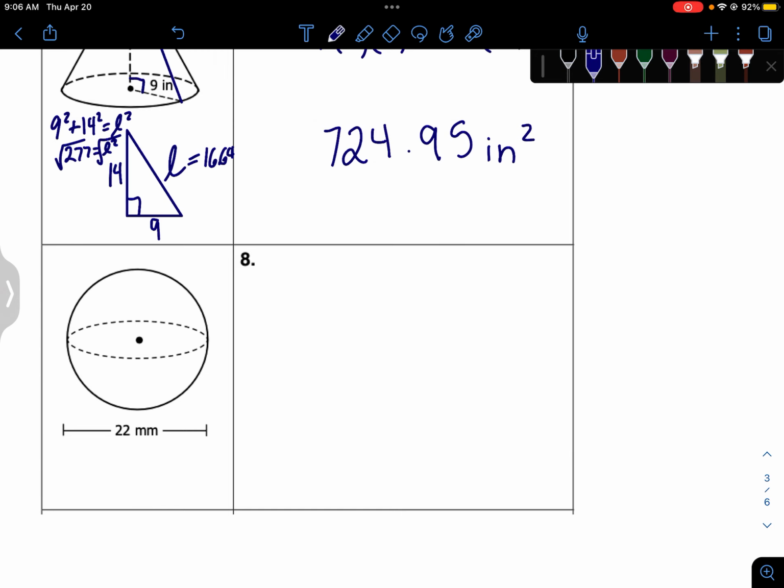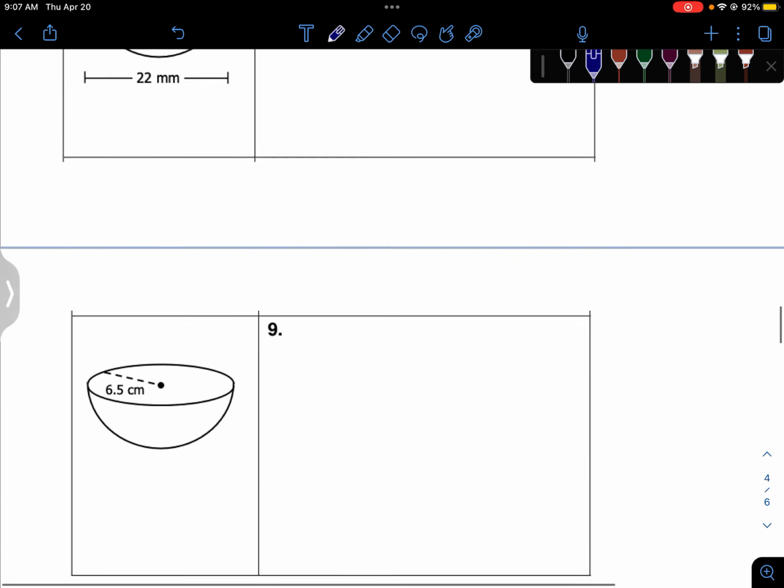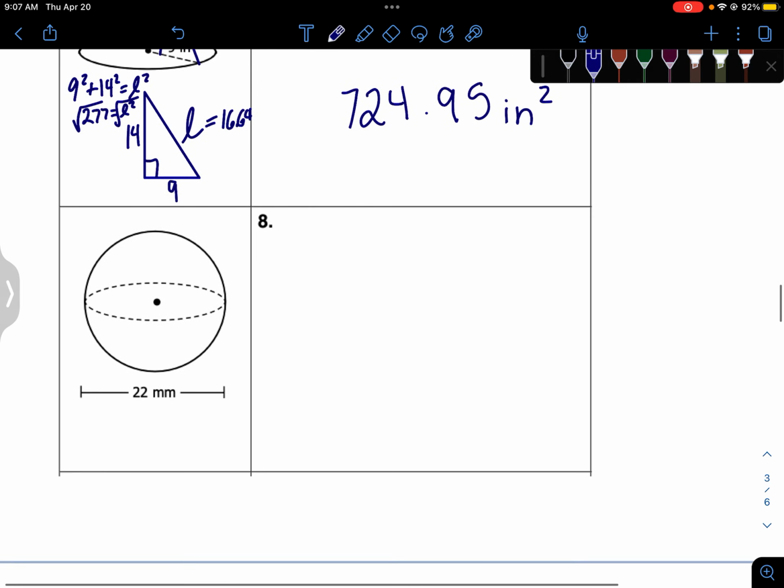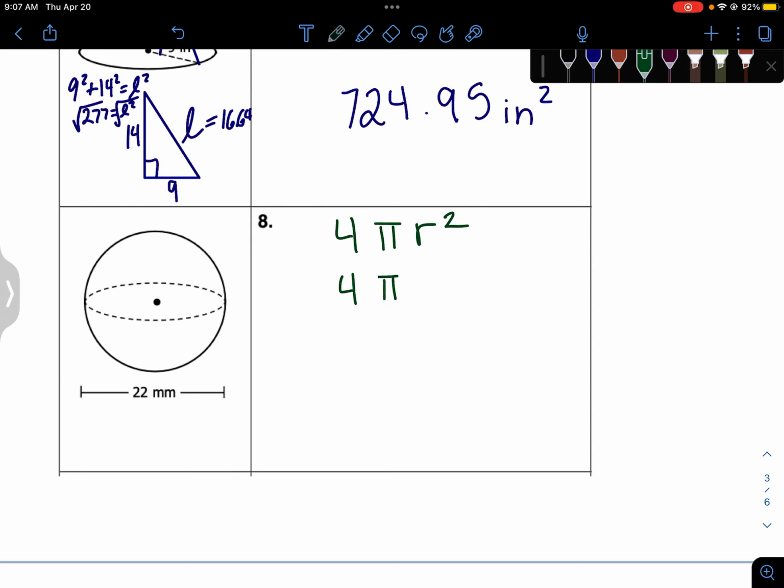So, almost last, one more. We're going to find the surface area of this sphere. The formula that we just got yesterday for a sphere is 4 pi radius squared. 4 pi, if our diameter is 22, that means our radius is 11. 11 squared.